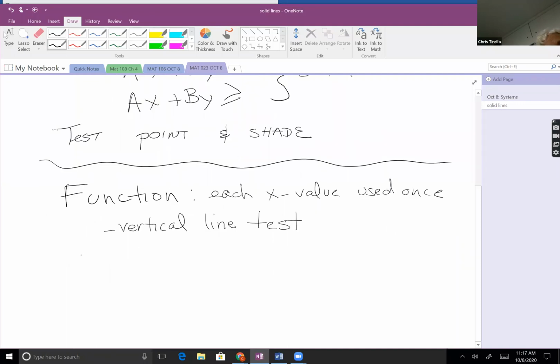But what's important that you really wrap your mind around is that idea of function notation. And the idea that f of x is just a fancy way of writing y. f of x is the y value.